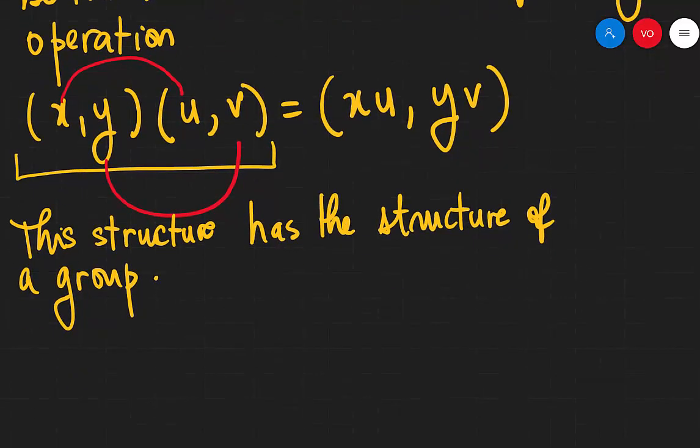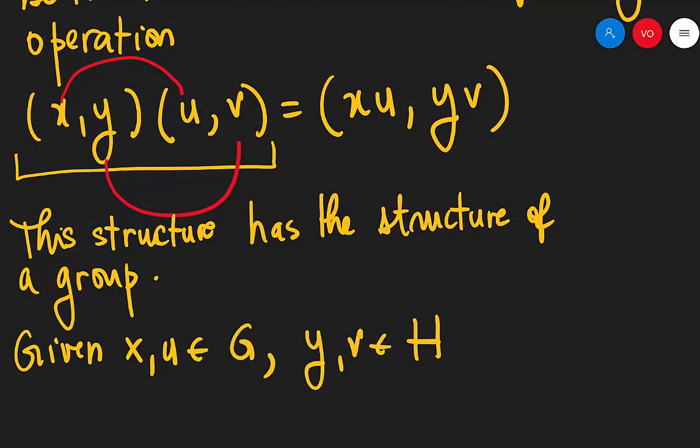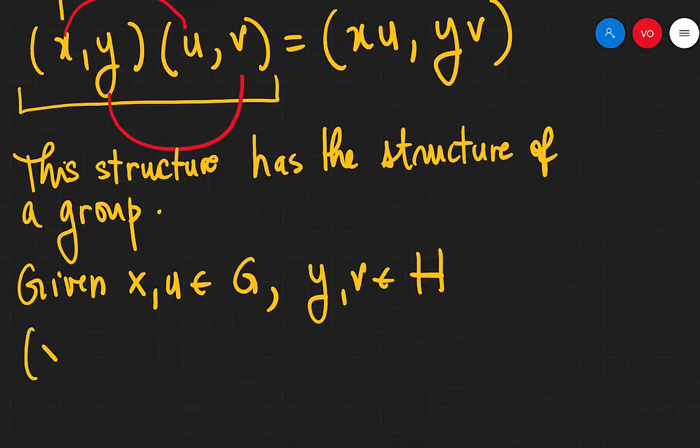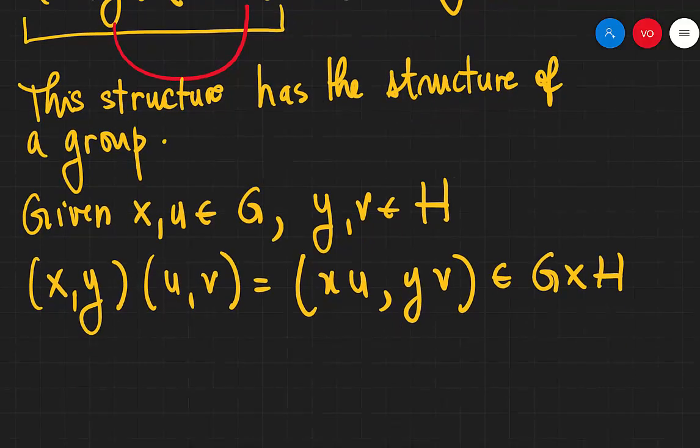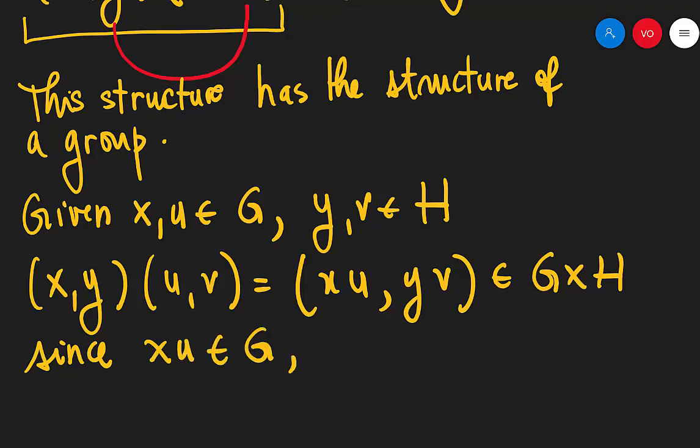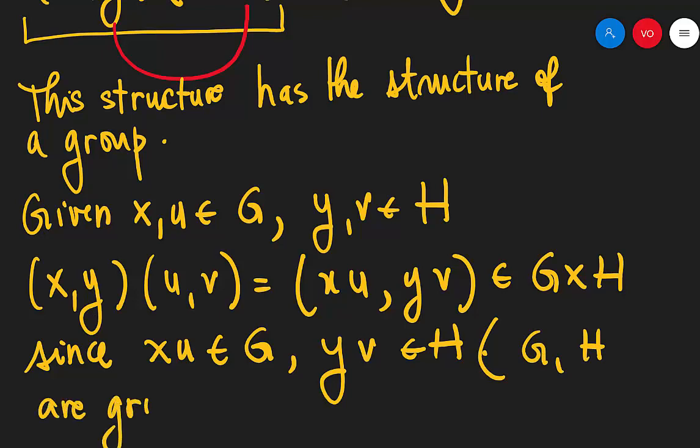So the point is, given x and u in G, and let's say y and v in H, clearly (x, y) combined with (u, v), being (xu, yv), has to be in G cross H, since xu is in G and yv is in H, and this is due to the fact that G and H are groups.